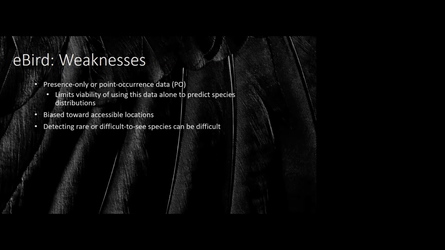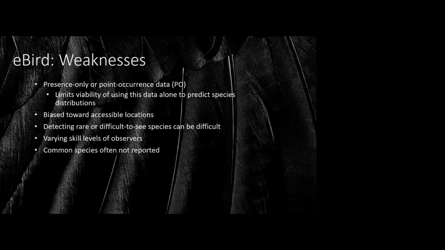In addition, detecting rare or difficult to see species can be difficult, and there are highly variable skill levels of observers. More skilled observers might be more likely to report difficult to see, cryptic, and difficult to ID birds. Common species are often not reported. I'm guilty of this.